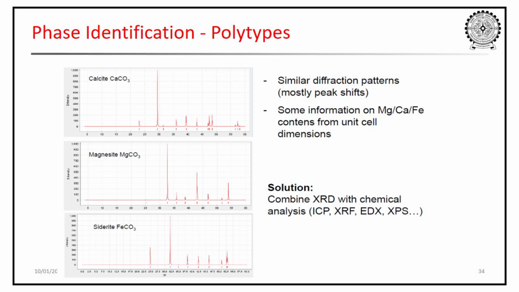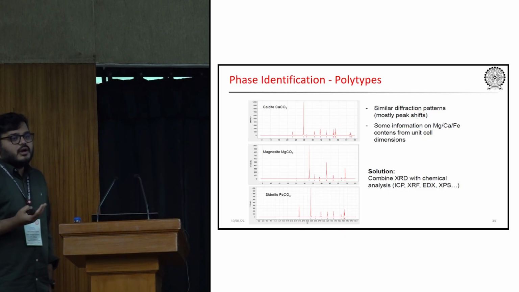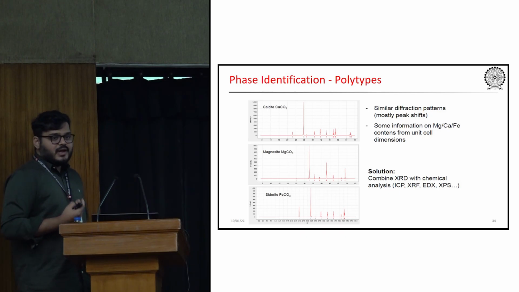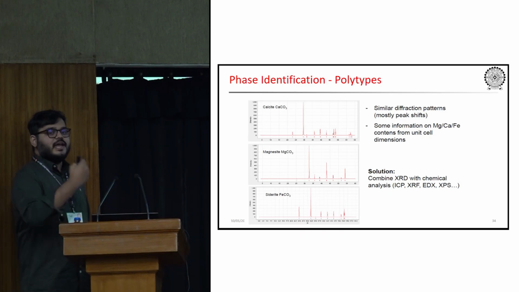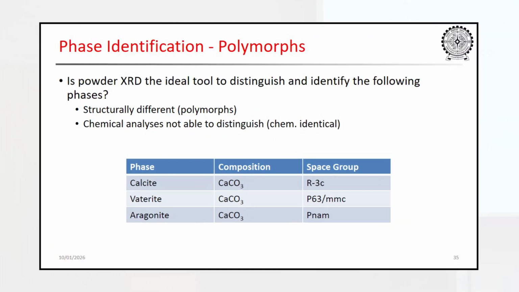This is how the pattern looks. What we'll have to do is combine XRD with some chemical analysis such as XRF, ICP, EDX, etc. to clearly identify the elements present in your powder, and using that information we'll be able to shortlist, or correctly identify, the different minerals present in the diffraction pattern, right?